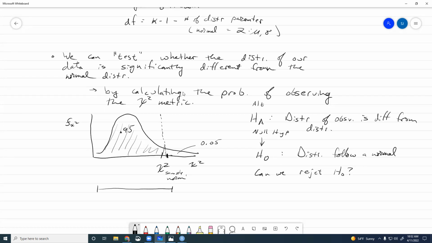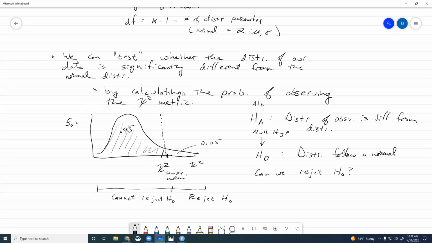And so in order to do that, we calculate our chi-squared metric. We see what the probability is up to that point. And if this is in this region, we cannot reject H naught, and in this region, we reject H naught. And we say that it in fact does not follow a normal distribution.